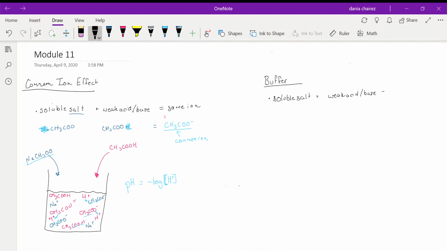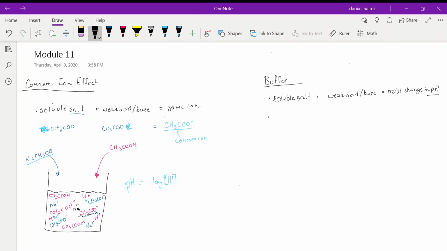But in this case, instead of just producing the common ion, what it causes is resistance to a change in pH. Because of these common ions that we're adding, even if we were to add more H pluses, you wouldn't really change your pH that much because these extra ions floating around would collect that H plus that I added, since they would attach again. So your pH doesn't change much because your H concentration keeps getting lessened by those extra ions.